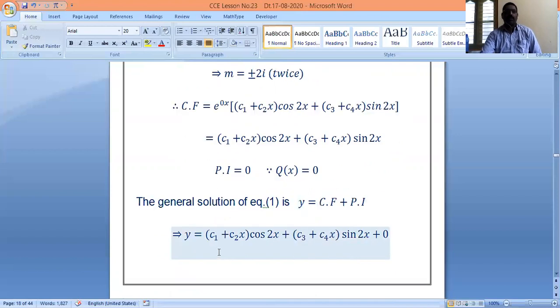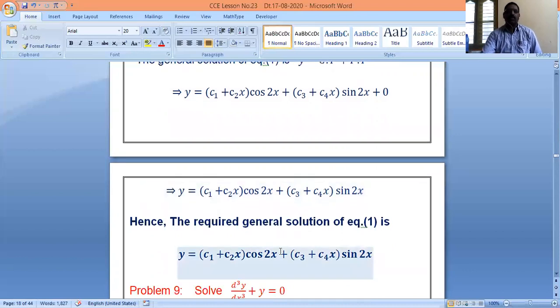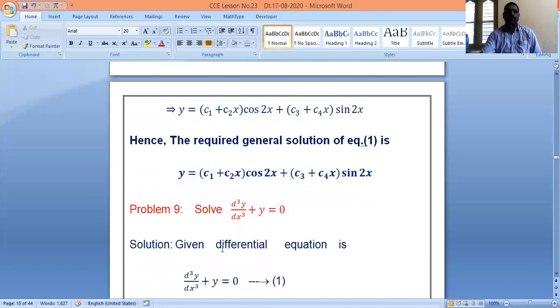That implies y is equal to (C1 plus C2 x) into cos 2x plus (C3 plus C4 x) into sin 2x plus 0. Hence, the required general solution of equation 1 is y is equal to (C1 plus C2 x) into cos 2x plus (C3 plus C4 x) into sin 2x.